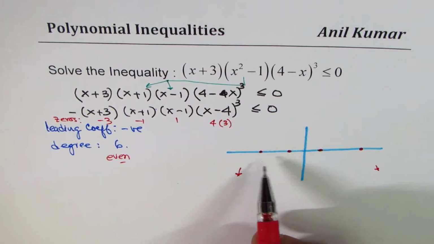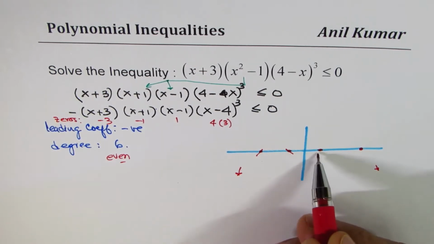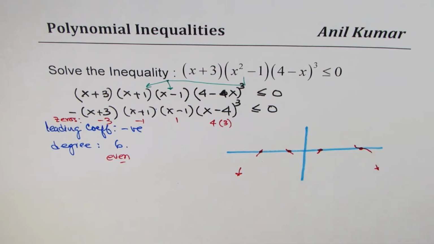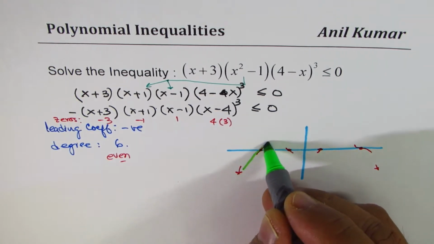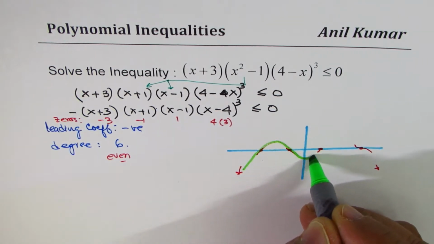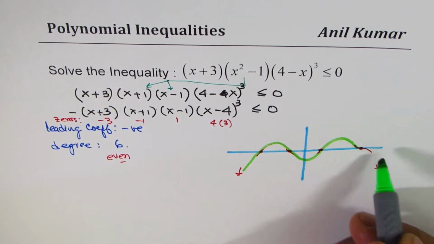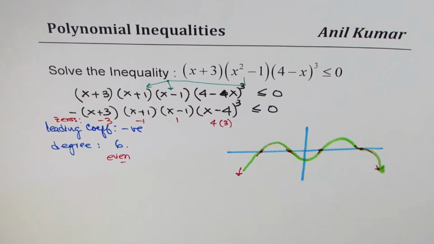All others are linear, so the graph will cross like this, this, this. And at the cubic, it is kind of going like this. So we can now sketch the graph, and that's the shape of the graph here, and then going down. So that becomes the graph.